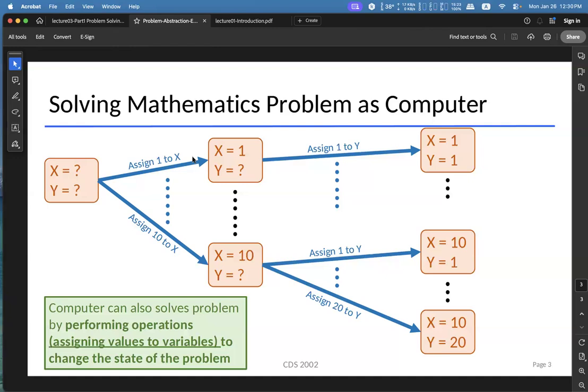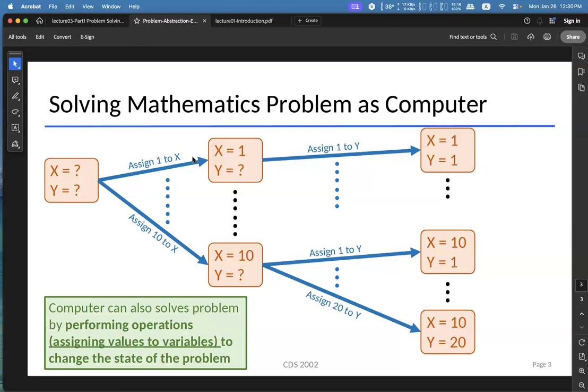We just let the computer try out all the possible values for X and Y. Because the computer blindly tests all the X and Y, the state of the problem is simplified to the value of X and the value of Y.